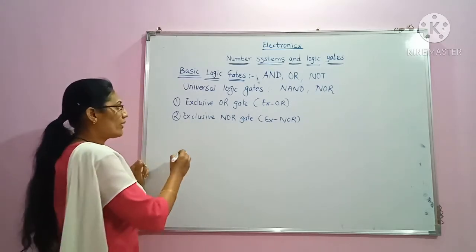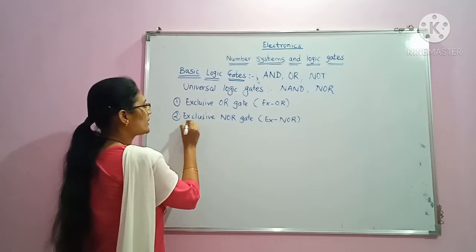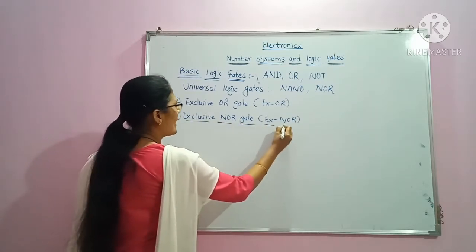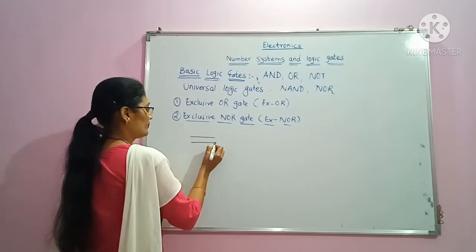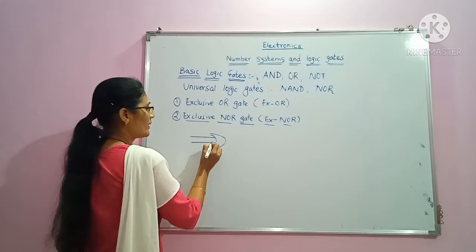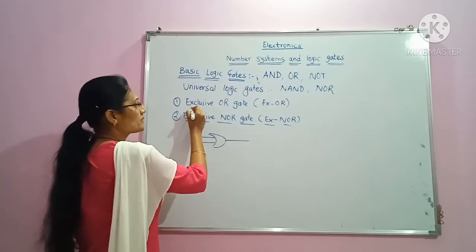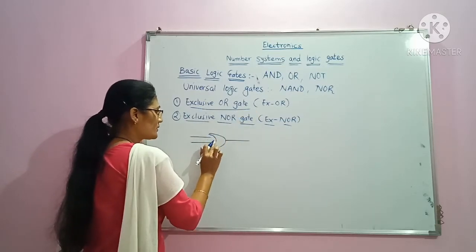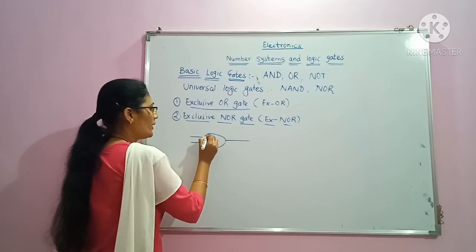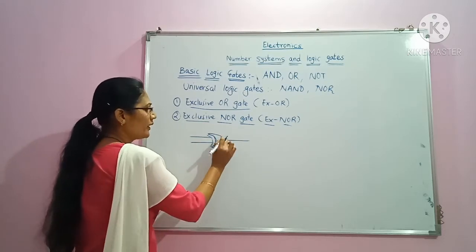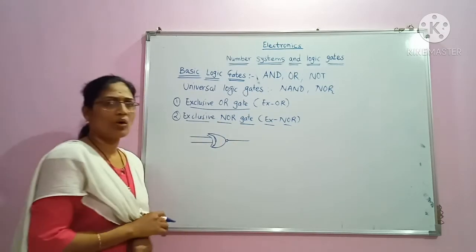So we will have the representation of exclusive NOR gate as, we know that we are representing OR gate with such a symbol, then exclusive OR gate with such type of symbol, and now we have to perform an inverse operation in case of exclusive NOR gate.